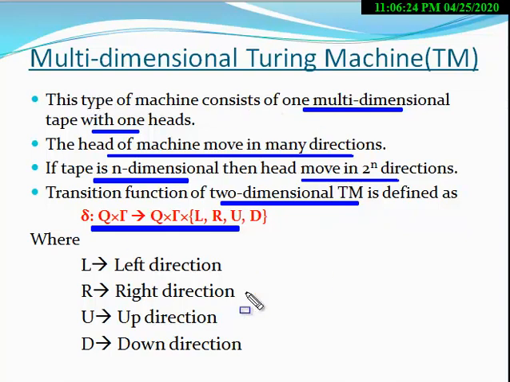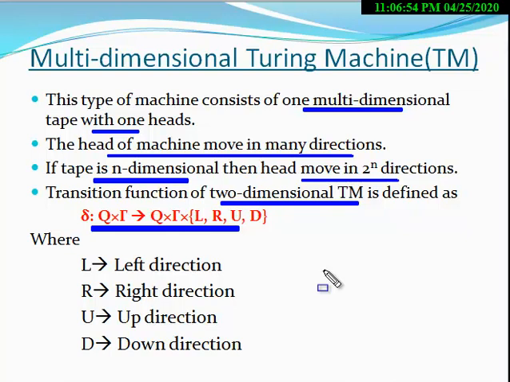Okay, so this is the last of the types or variations of a Turing machine. We have discussed all 4 types of Turing machine: multi-tape Turing machine, multi-head Turing machine, multi-dimensional Turing machine, and so on. So we have discussed all these variations of a Turing machine, right?